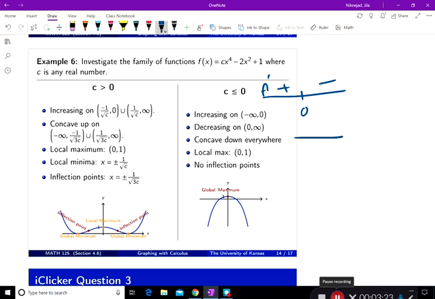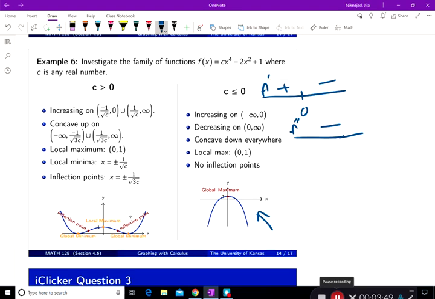For f double prime, you will not have any zeros, so the sign doesn't change. It's always going to be a negative value. And in this way, the graph will look something like that, and there's no inflection point. Versus over there, you had inflection points because f double prime had roots of odd order.